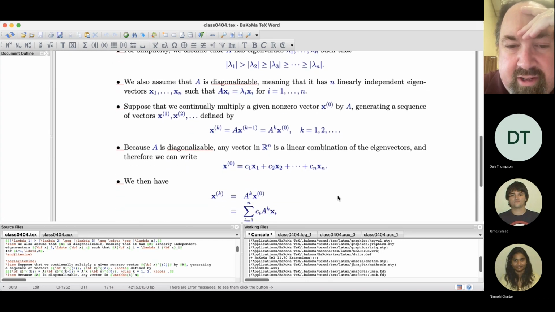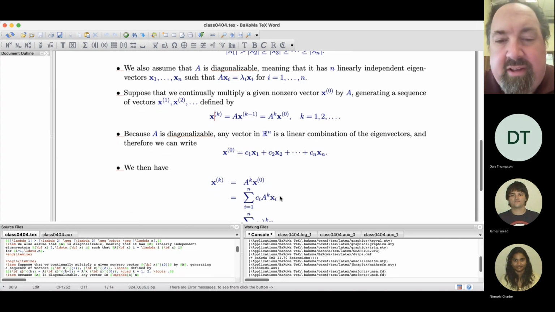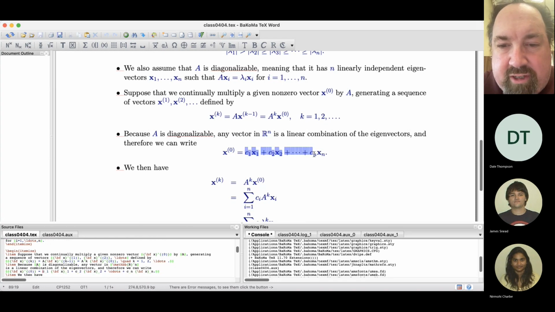So here's what happens. We'll see what happens to x^(k) as k goes to infinity. So x^(k) is A^k times our initial vector. And here I've replaced x^(0) with its expansion in terms of the eigenvectors.